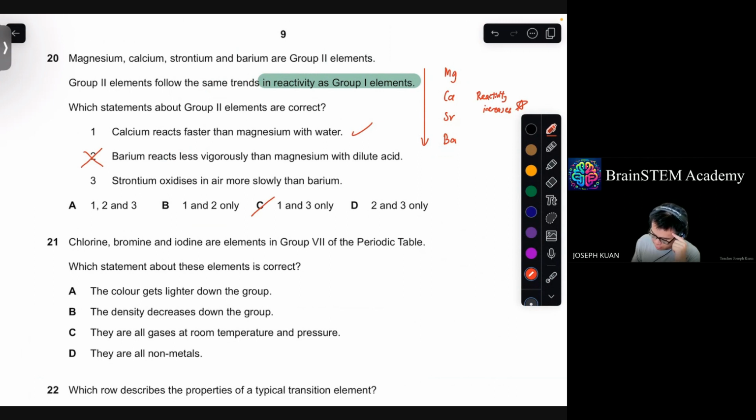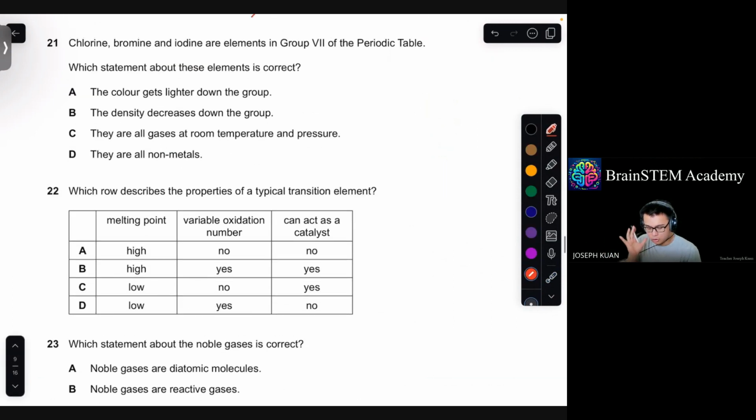All right, so remember the reactivity series, you can draw it vertically, or if you want to, you can do it horizontally, which is like this. So you just see which element is the weakest and which element is the strongest in terms of reactivity. Okay, which one suits you better, you just use that. Now, question 21.